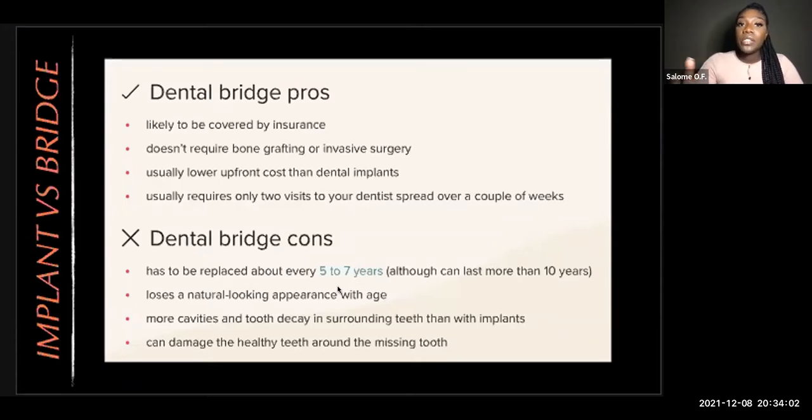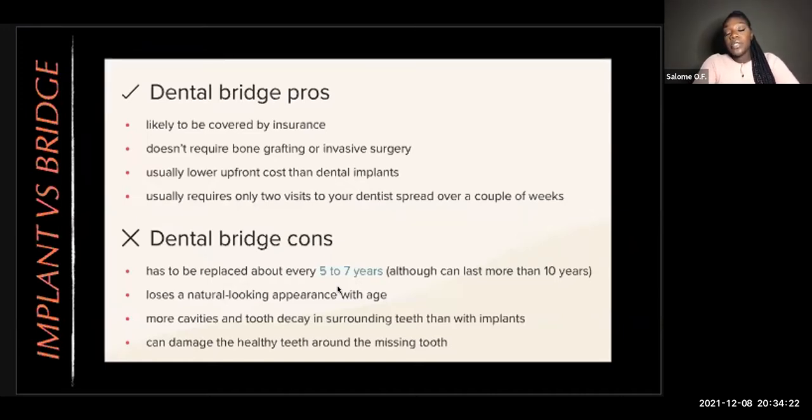So let's say you are missing one tooth and you have 2 teeth next to it that are nice and healthy. We have to shave those teeth down to put crowns on there to support the artificial tooth in the center.